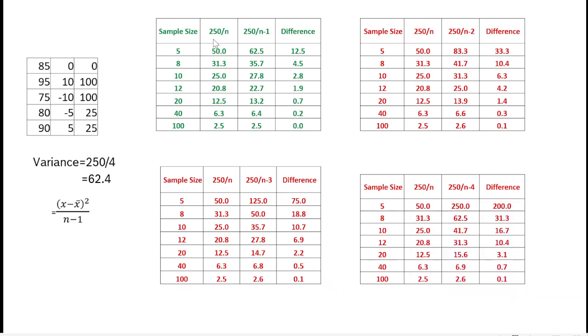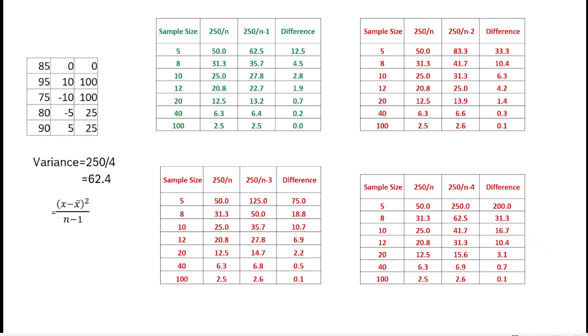Now we take only the denominator; 250 will remain constant. After calculation we have this figure: 250 divided by n minus 1 gives 62.5, and in this column it is divided by n. After division by n this is the figure, and after division by n minus 1 this is the figure. You can see the difference; it almost matches when the sample size is increased. Are you getting me? That's why n minus 1 is taken.